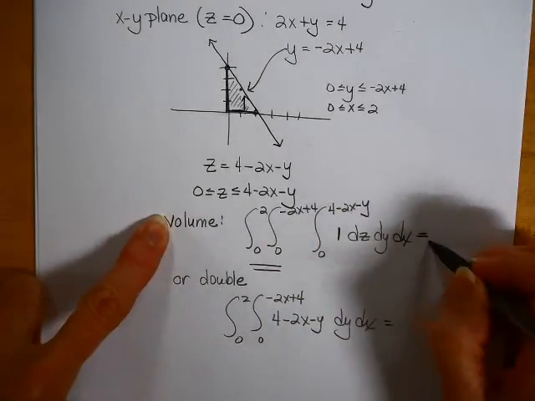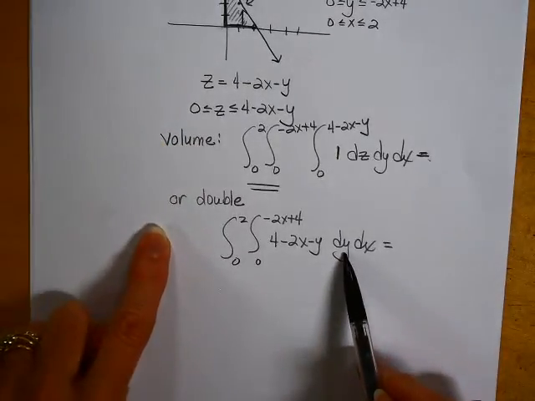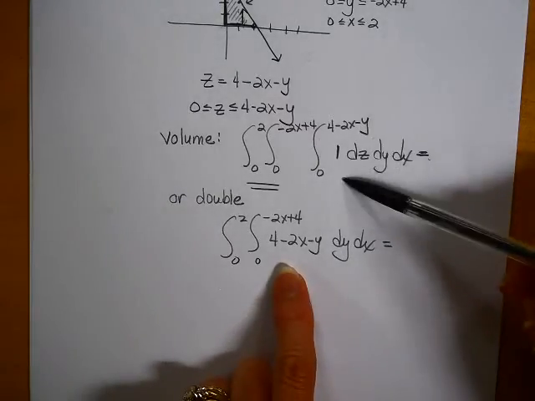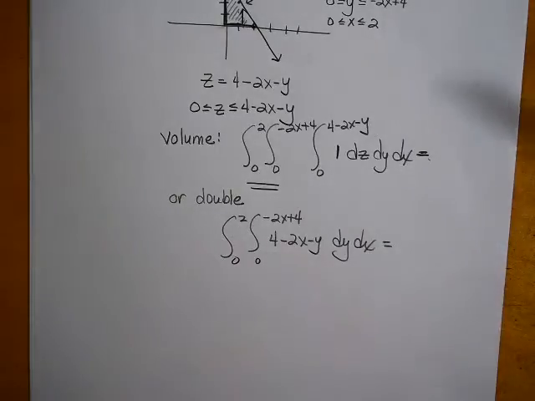They said use triple integral, so I did, but I could have done this and gotten the exact same thing. When you're doing a triple integral for volume, you're always going to have 1 in there, right? Correct. You'll always have 1.